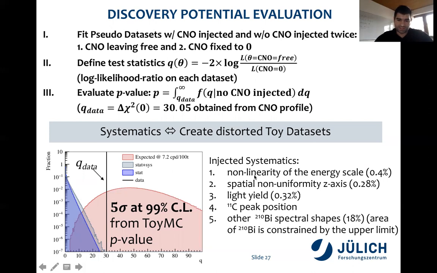The injected systematics are mostly due to the response, which is nonlinearity of the energy scale, for example, spatial non-uniformity of the z-axis light yield, carbon-11 peak position, and different bismuth spectral shapes have also been considered. And we come at the end to the result of 5 sigma at 99% confidence level.